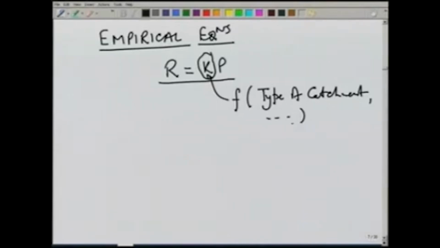For example, there is a Barlow equation where he says that K would be a function of type of catchment as well as the season. So, K will be a function of the season.